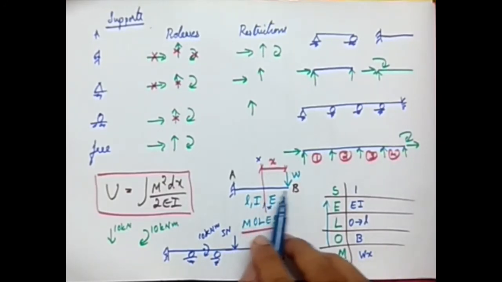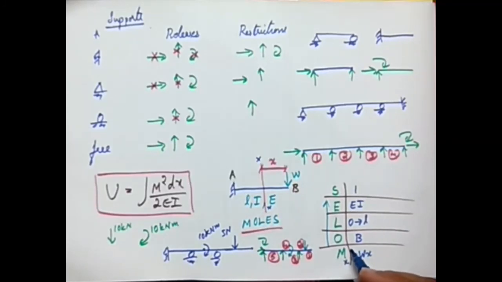Here it is a hogging moment, hence I am giving the value minus Wx. Hogging moments are negative and sagging moments are positive. So we have all these conditions. Now you simply substitute these conditions in here to get the strain energy. So let's calculate that.